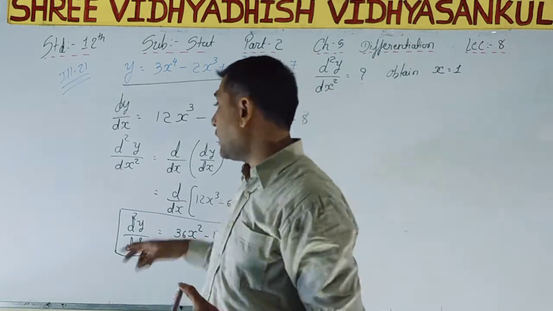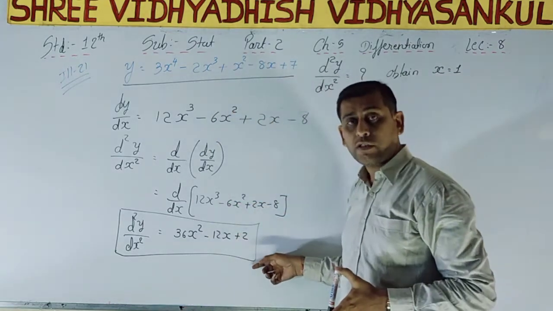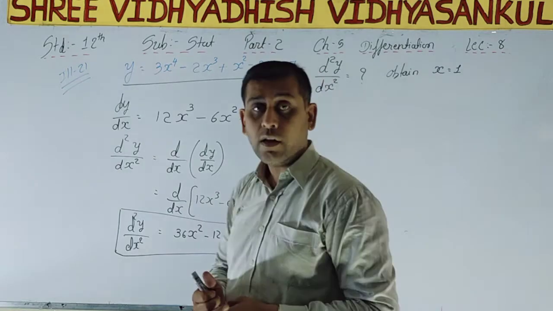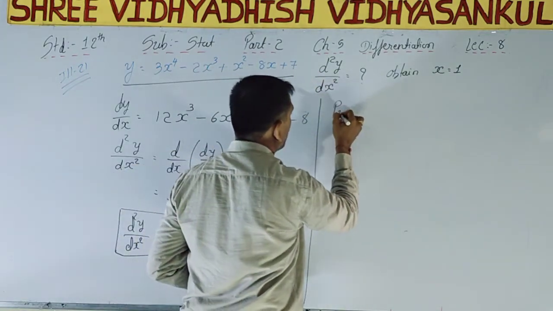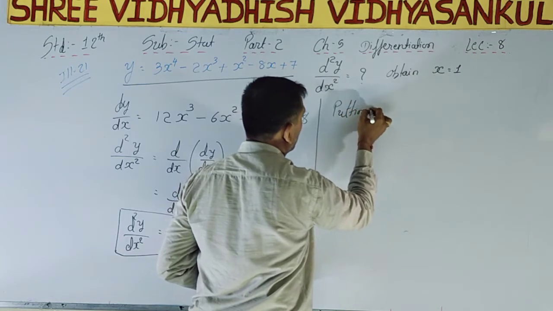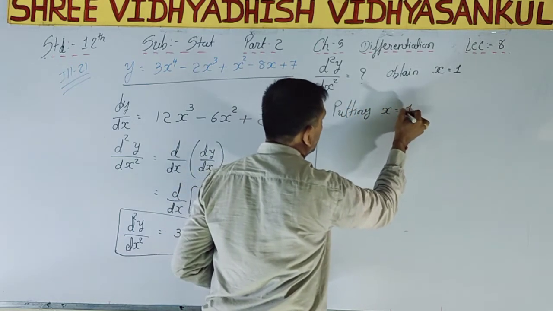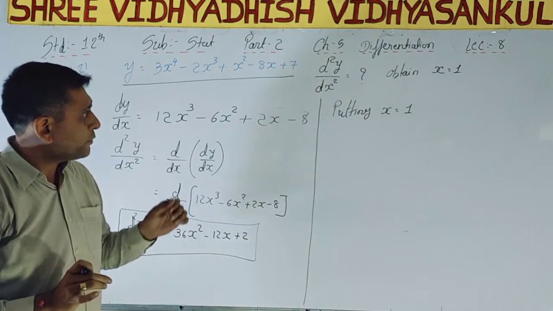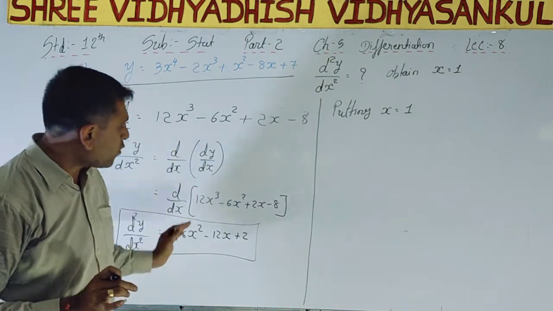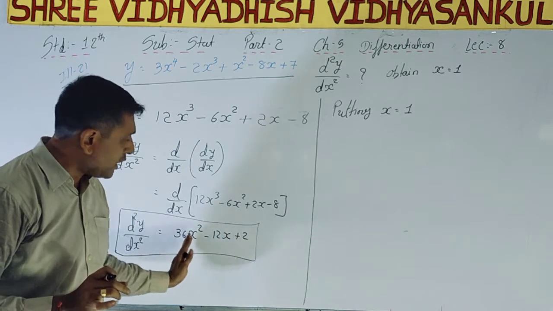Two questions are there. See here, 1 mark for this, and the second is putting x is equal to 1. What is that? Here we have to write 1 in this.